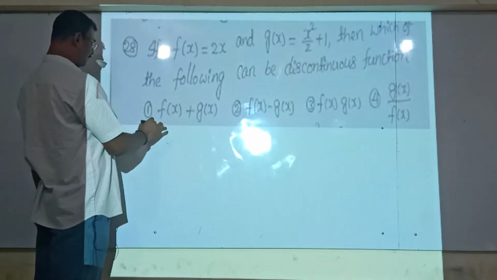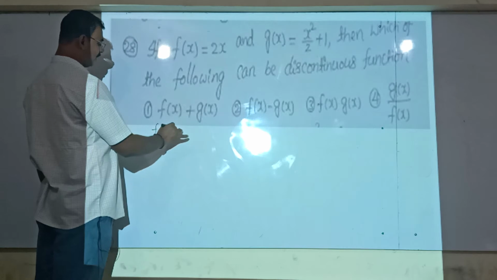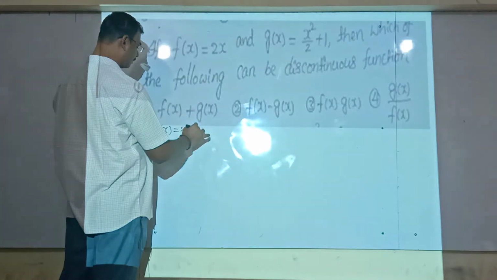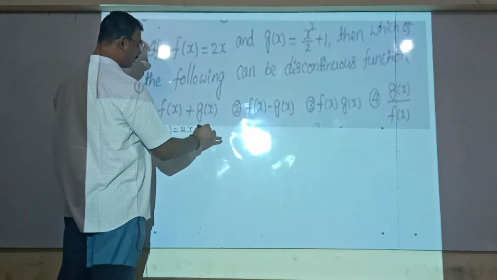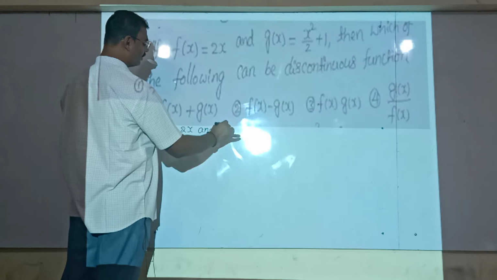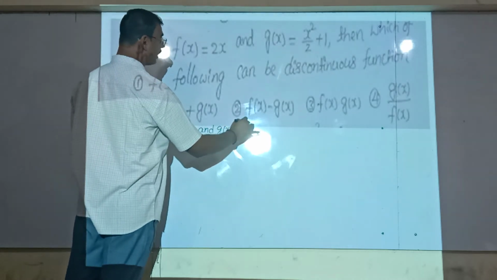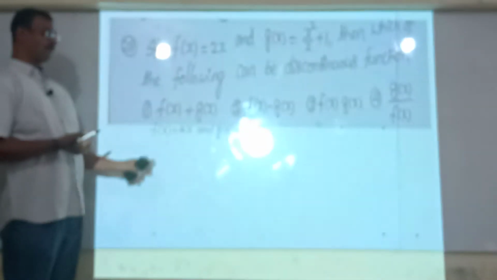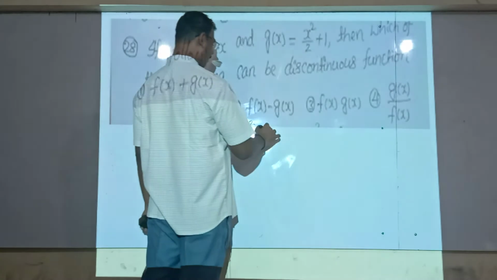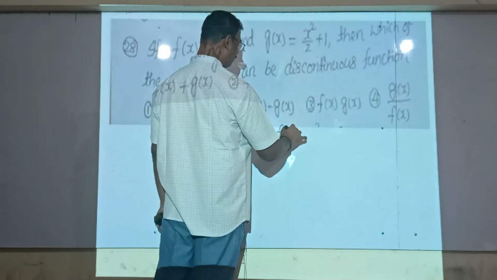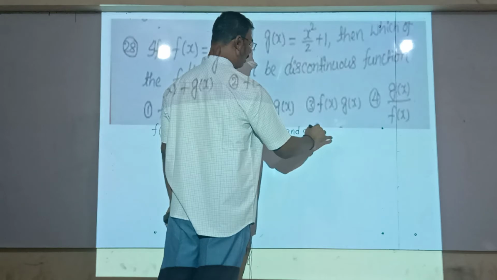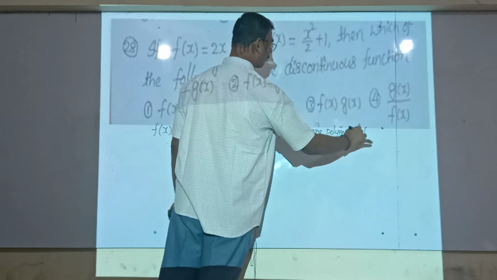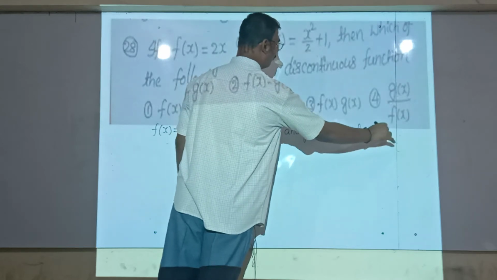We have f of x is equal to 2x, which is a polynomial function, and g of x is equal to x squared by 2 plus 1 is also a polynomial function. So both f and g are polynomial functions.